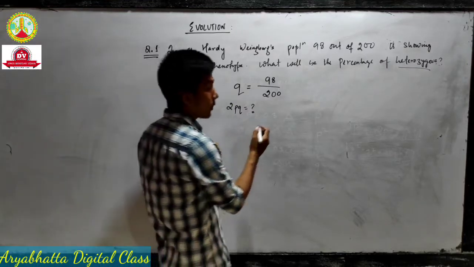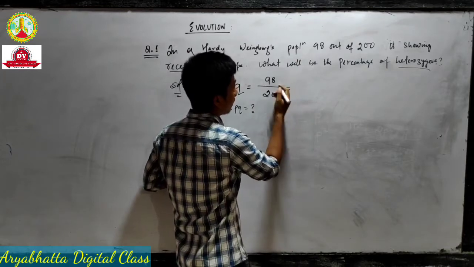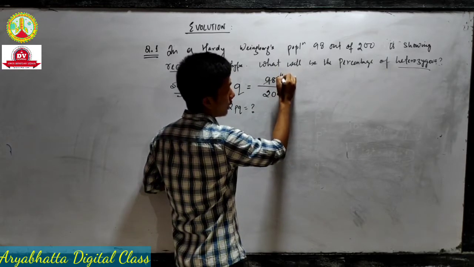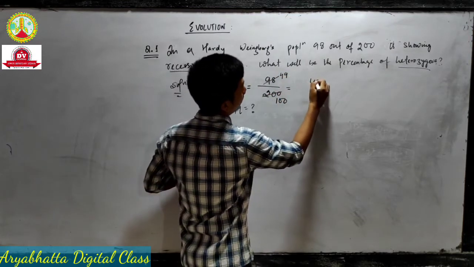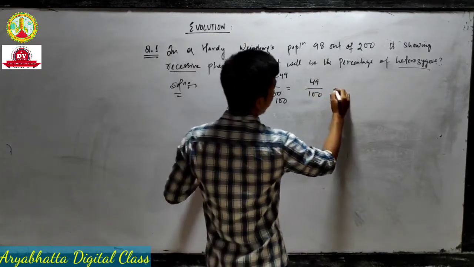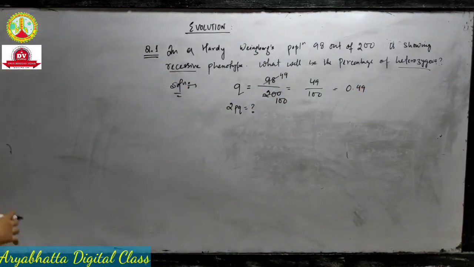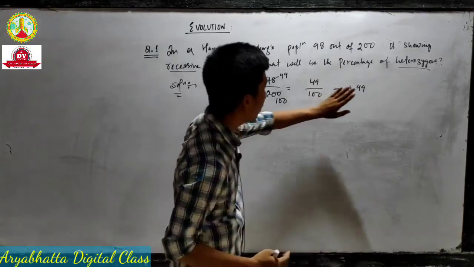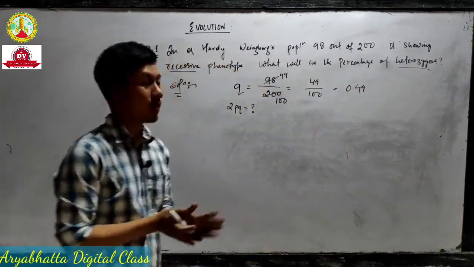So what we can do, see this, we can cut and simplify: 2 fours are 8, 2 nines are 18, and 2, so 49 by 100. We can also write this as 0.49, right? My 4 and 9 look a little bit similar, don't get confused.